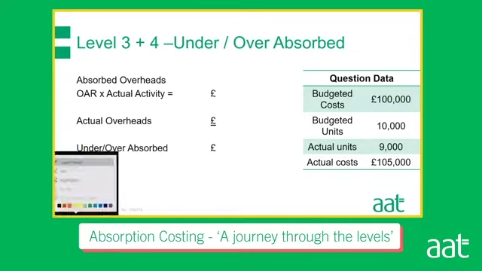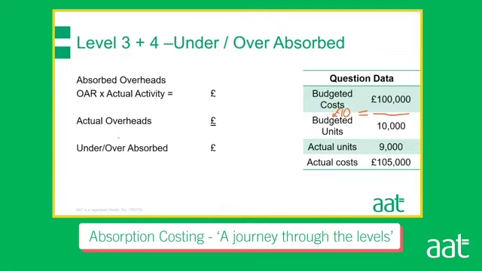So I work out an overhead absorption rate of £10. So for every unit I produce, every unit I provide, I'm going to charge £10 of overhead to it to add to those prime costs to be able to work out my overall production cost.